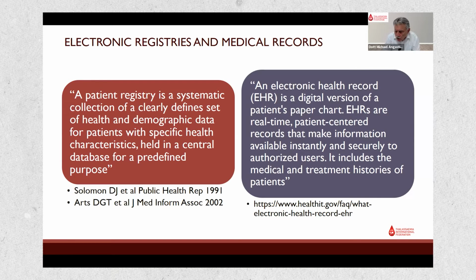It will certainly include diagnosis and other specific characteristics of the patient population. And then we can have an electronic health record, which is a digital version of the patient's paper chart. And electronic health records are real-time, patient-centered information that is actually gathered over time.